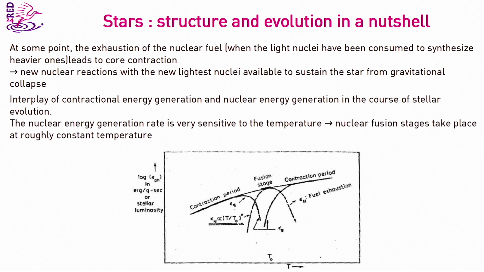So this is a scheme with temperature here, and here energy or stellar luminosity. What you see is that a star, when it forms, starts contracting. Once temperature is high enough for any fusion to start, the first fusion reactions that happen in a star are deuterium fusion. Deuterium and lithium are the ones that capture protons easier, and then you have hydrogen fusion.